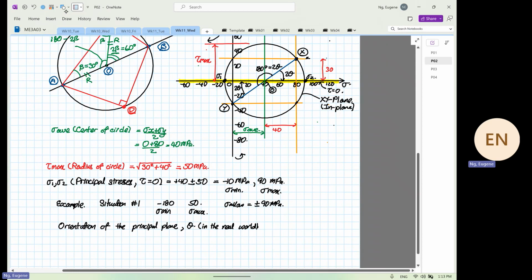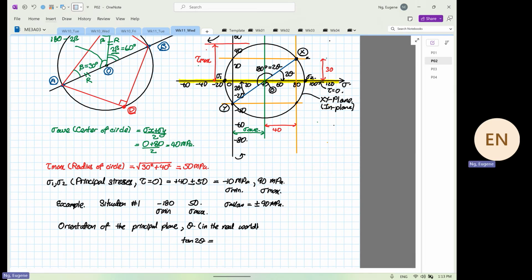So very basic math is required. What we specify is tangent of 2 theta is equal to 30 divided by 40.